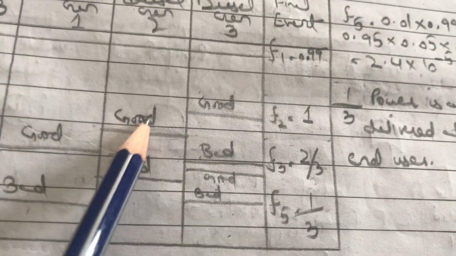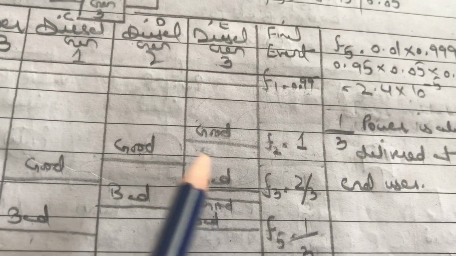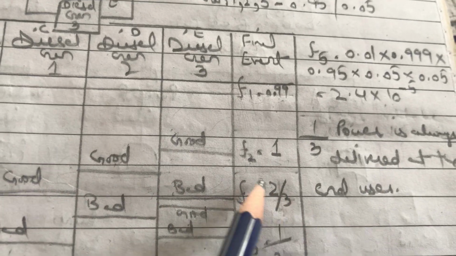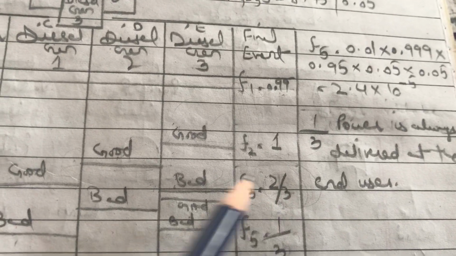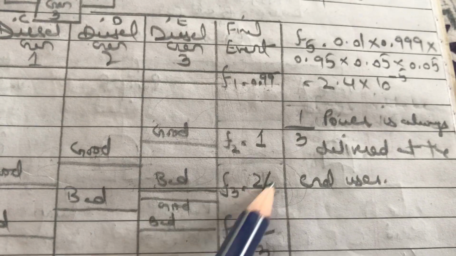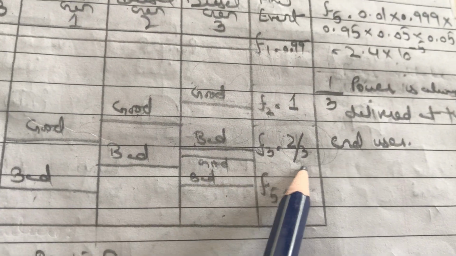So this means that 2 are in the operating condition and 1 is in the failed condition. So the final event would be 2 upon 3. This is basically the fraction: from all three, two are in the working condition. And again F4 is missing here.